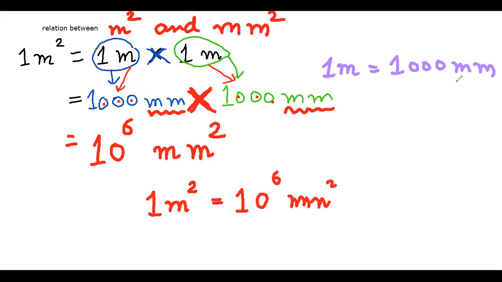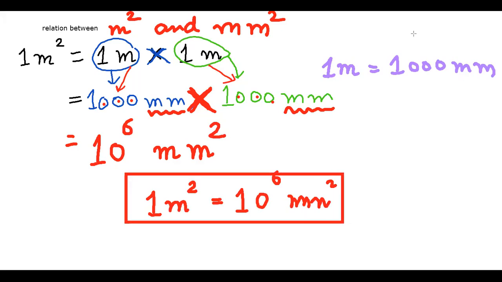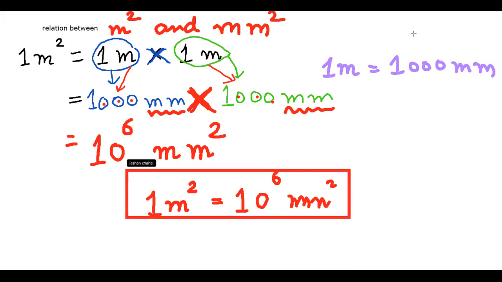So 1 meter square is equal to 10 raised to power 6 millimeter square. I hope you all have understood this relation and the method through which we find the relation.